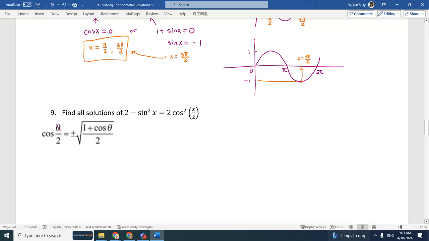Your theta is not theta, we use x, and we want to square it. The good thing about the square is it can get rid of the square root. So we get 1 plus cosine x over 2, and the square root is gone.